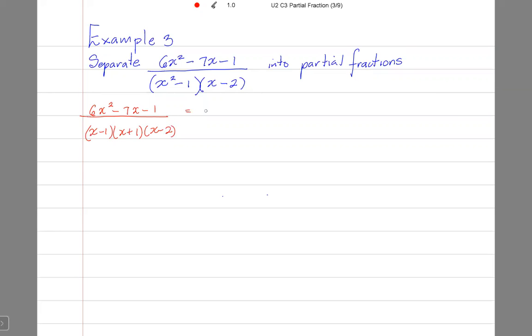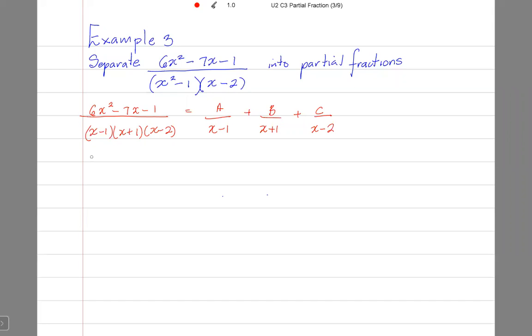So this would separate into a over x minus 1 plus b over x plus 1 plus c over x minus 2. All right, so let's get rid of the fractions.